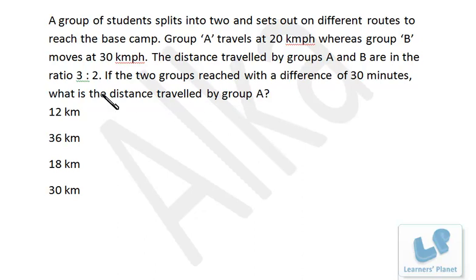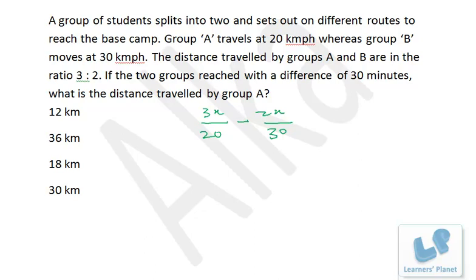Simple one. Maybe we assume the distances traveled by the groups are in the ratio 3:2, that is 3x and 2x. Now with the speed of 20 km per hour, Group A has to cover 3x, so it will take 3x by 20 hours, right? And the other group has to cover 2x with the speed of 30 km per hour.